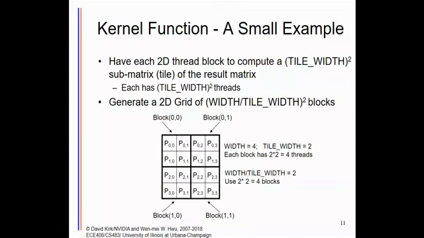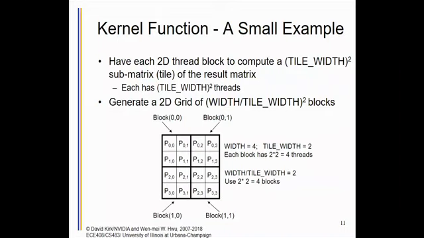So every two-dimensional thread block computes a square submatrix. We're going to assign a thread block to a subtile of the output, right? And that's also exactly what we did with the image conversion. We have every thread block responsible for a tile of the output image pixels.